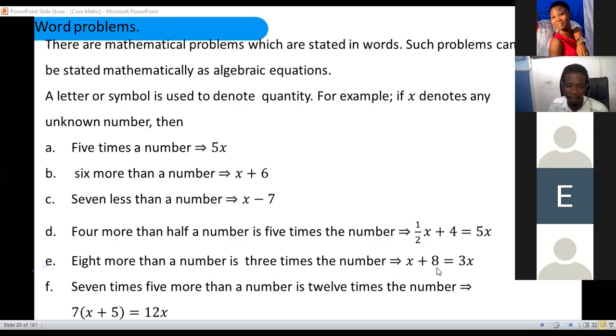So you have to first of all find half that number, and the number is x. So we have 1 over 2x. Then 4 more than half a number is 1 over 2x plus 4. I hope that is okay.